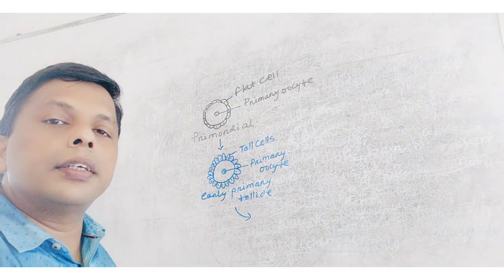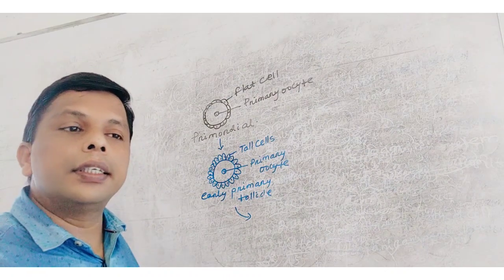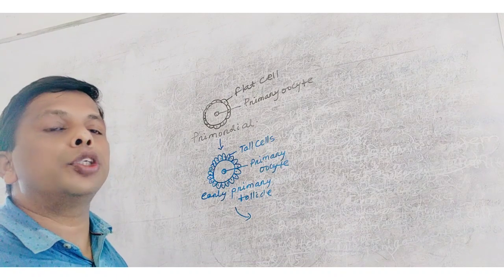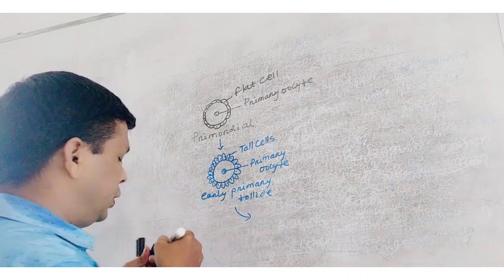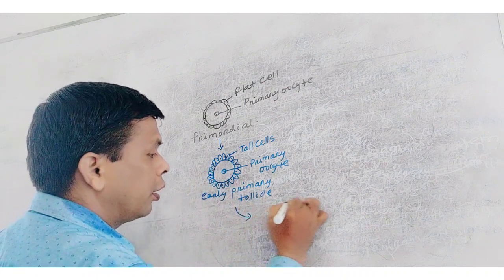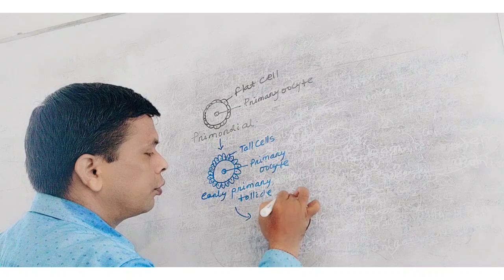After that, this early primary follicle gives rise to the primary follicle. What is the difference?